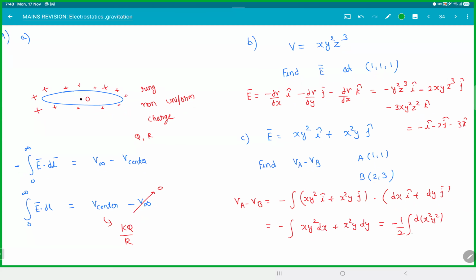So the limits will be xa square ya square, which is 1, and xb square yb square. You can treat x square y as a single term, maybe some p, and then finish it off. That's 4 and 9, that's 36. So the limits will give minus half and 36, 35 by 2. This is a perfect differential. If you want to know more about this, you should go to the notes. That is the first time we discussed this.